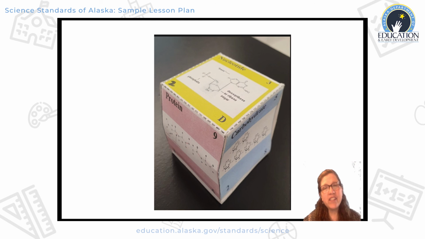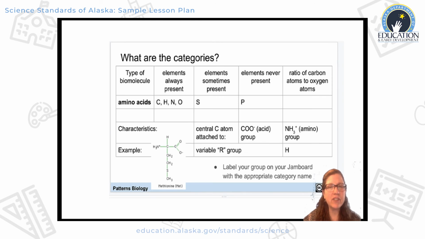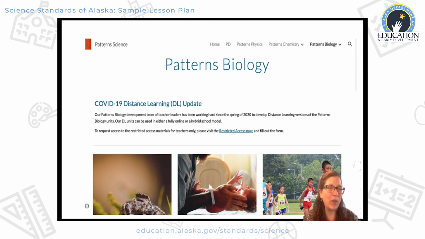And we continue on digging into different scaffolds that help us with this pattern recognition. And there's a couple of different strategies. And if you're wondering where I got these strategies, I'd like to share this resource with you. This is the Patterns Biology website, and it's a really great model of how to apply three-dimensional learning using the Alaska Science Standards.